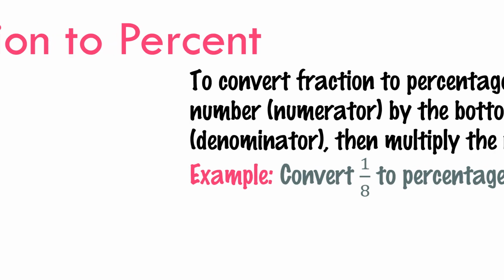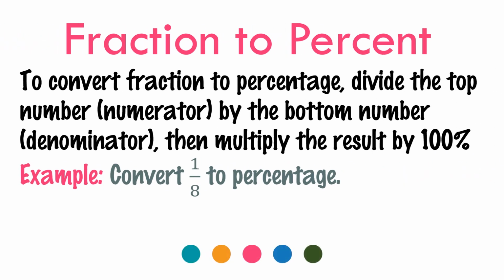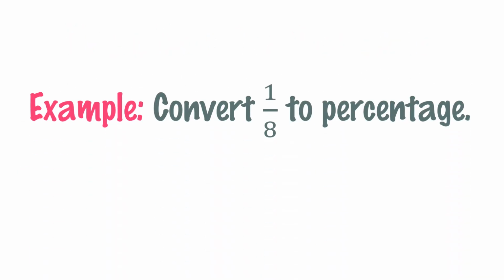Next, we have fraction to percent. To convert fraction to percentage, divide the top number or the numerator by the bottom number, which is the denominator, then multiply the result by 100. For an example, let us convert 1/8 to percentage. So what would happen is we will divide 1 by 8. Okay, so the answer here will be, let me expedite the process.